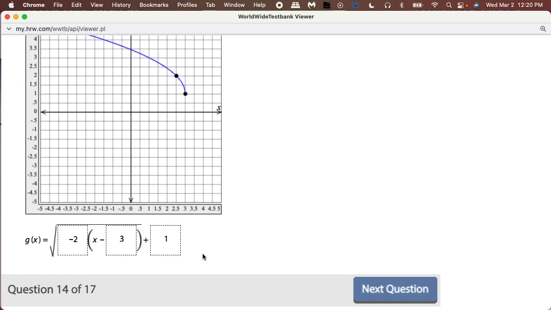Square root functions, we love them. Part of the story. In construction, in commerce, in science, in technology. It all happens.